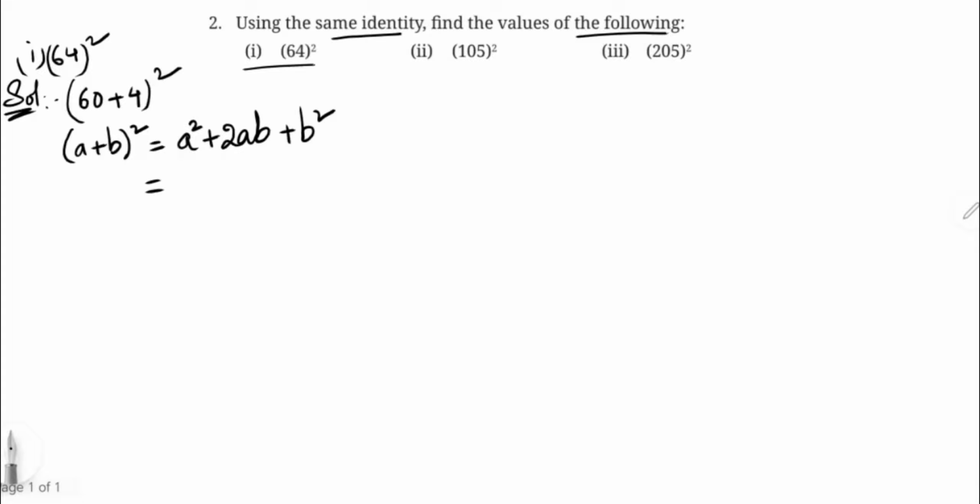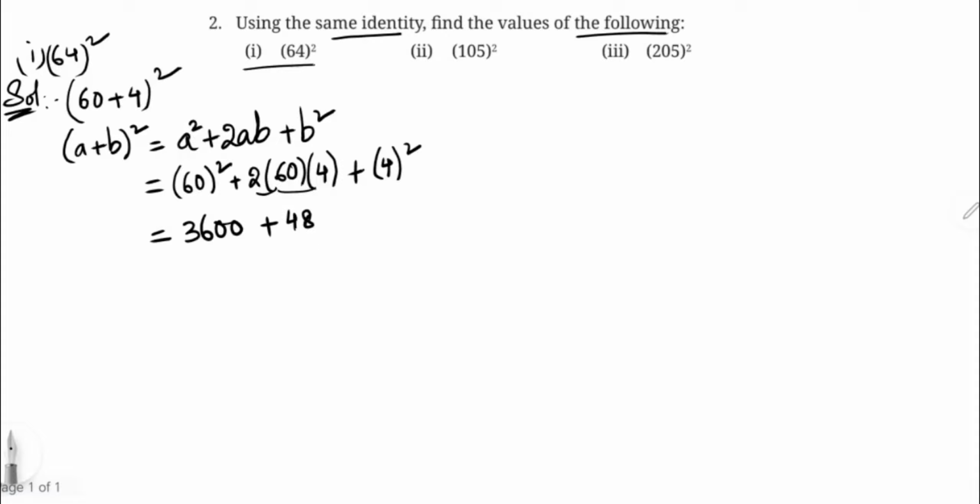So here a is 60 and b is 4, plus b square, that is 4 square. So 6 square is 36 and 10 square is 2 zeros, plus 2 sixes are 12, 12 fours are 48. Okay, 0 plus 4 square is 16.